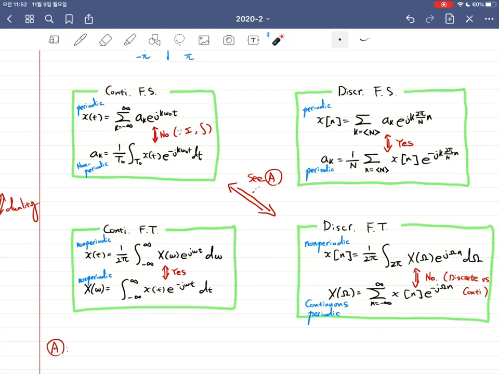So the Fourier transform of the discrete time signal is a periodic and continuous function in frequency, and this function is periodic, therefore it should have the Fourier series representation, right?